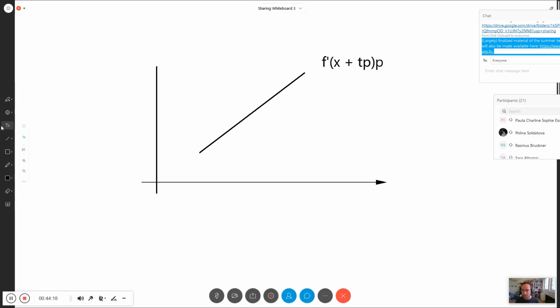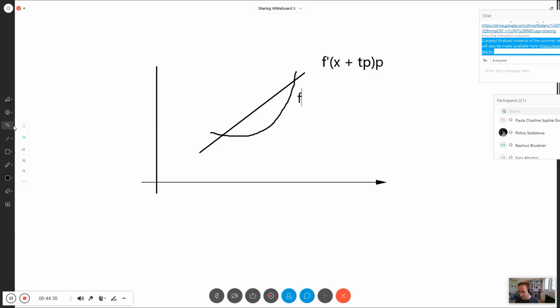That's this. Now let's also have the function. So this would be our function, the function f.